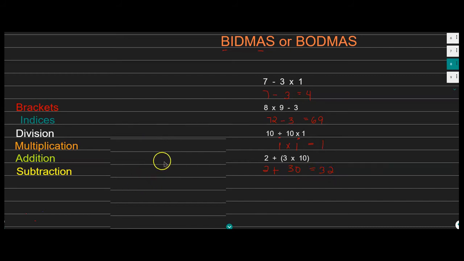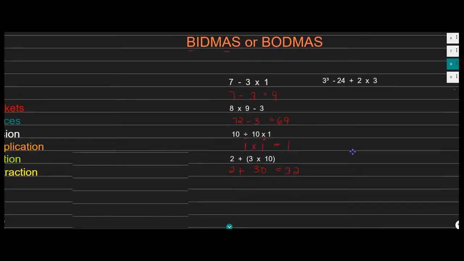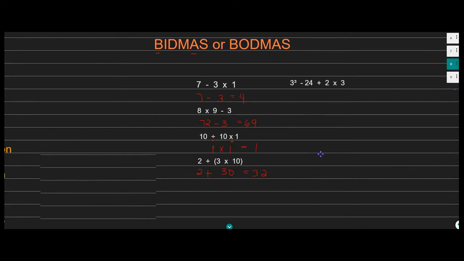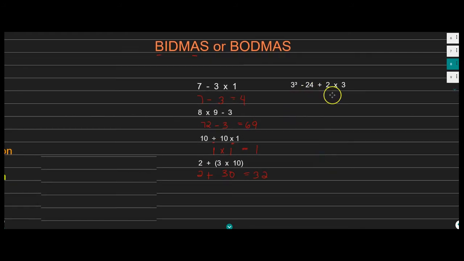Okay, let's have another example. This is a little bit more complicated. So you have 3 cubed minus 24 plus 2 times 3. You have quite a few operations here.